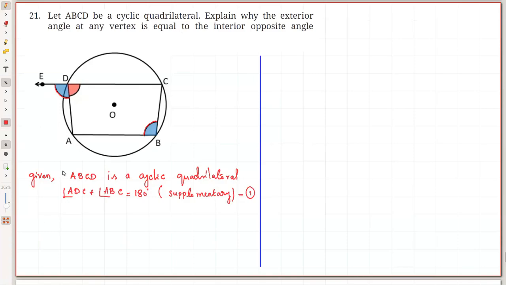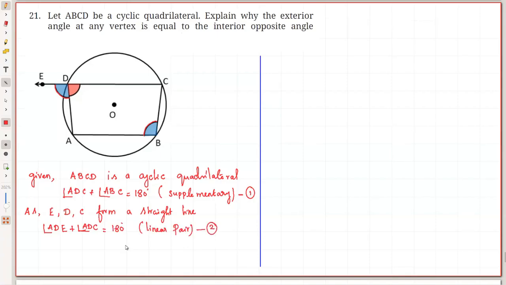So by using the linear pair, as EDC forms a straight line, angle ADE plus angle ADC is equal to 180 degrees. So this is nothing but a linear pair. I'm just taking this as equation number 2.